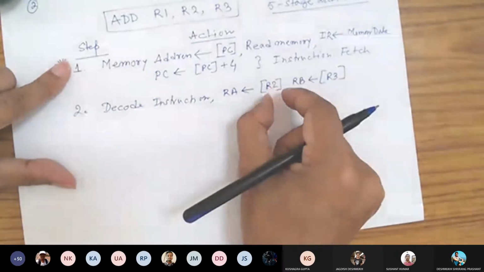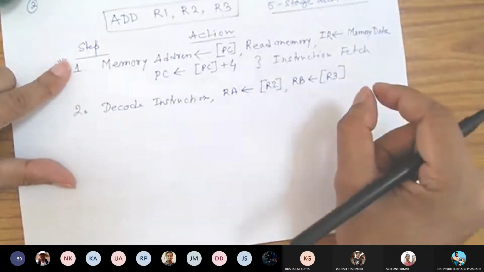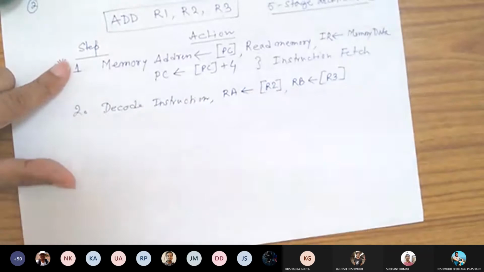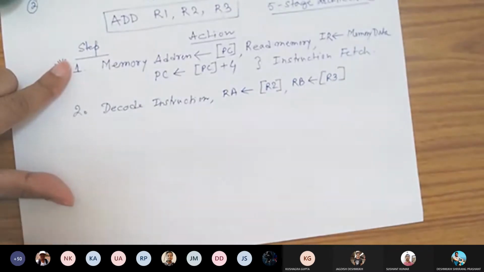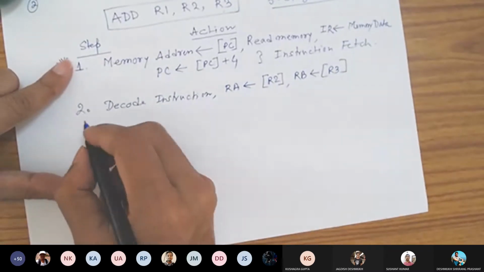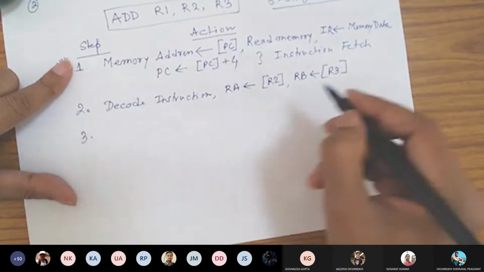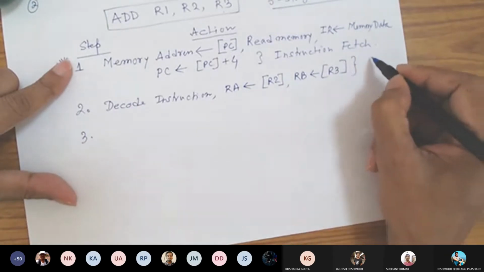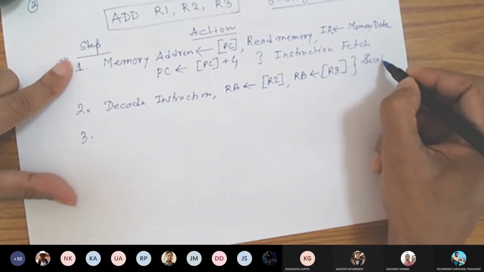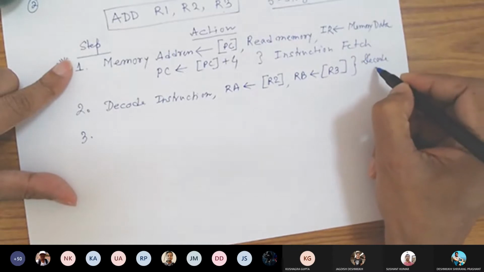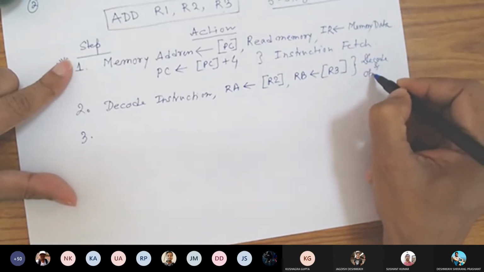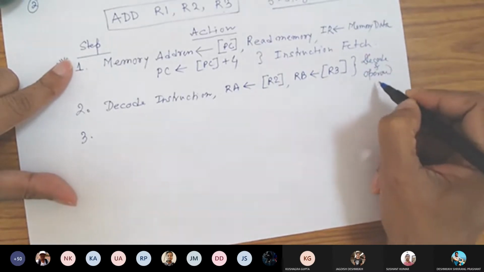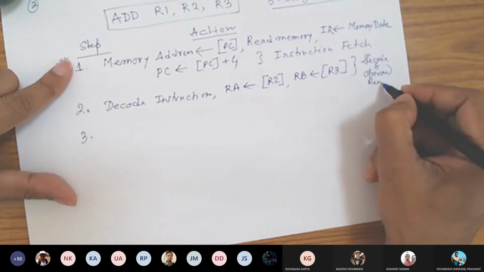So the content of R2 will come to RA, the content of R3 will come to RB. So this is my decode and operand read stage.